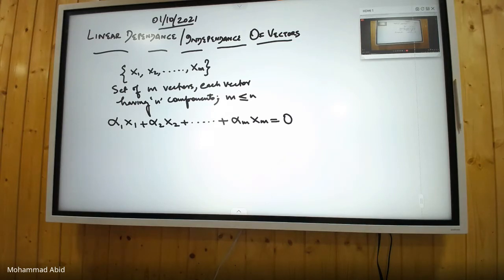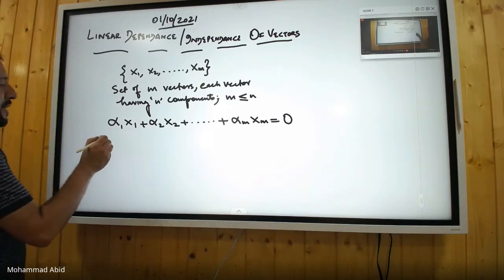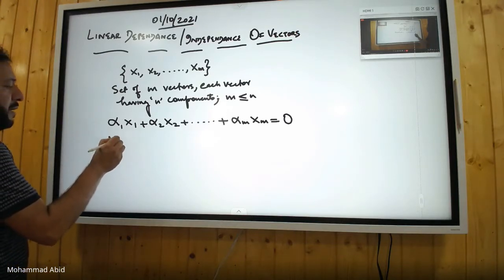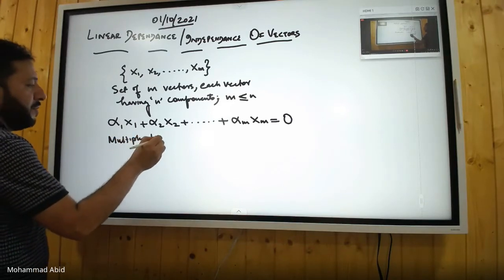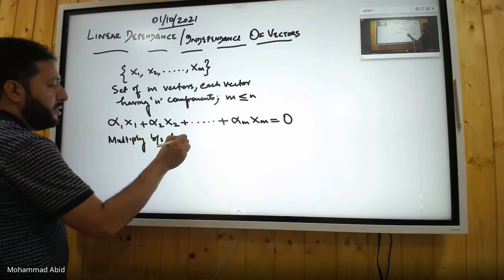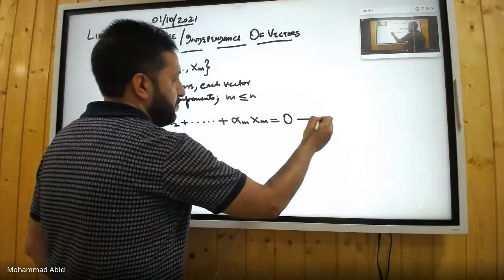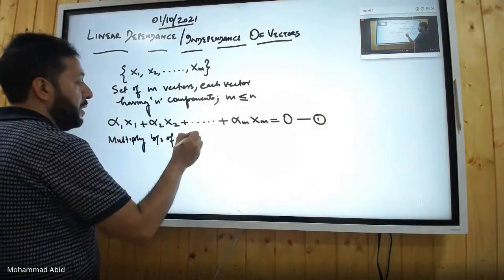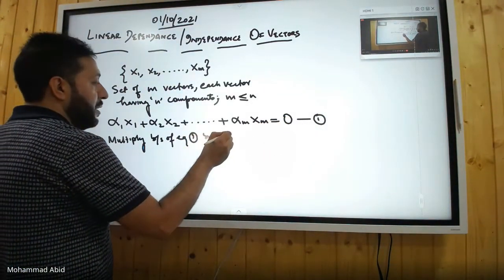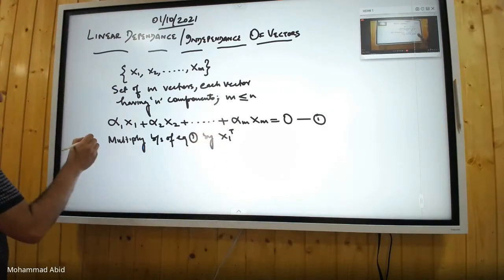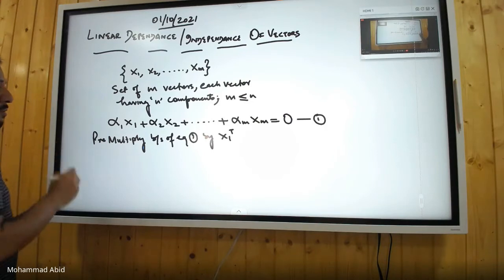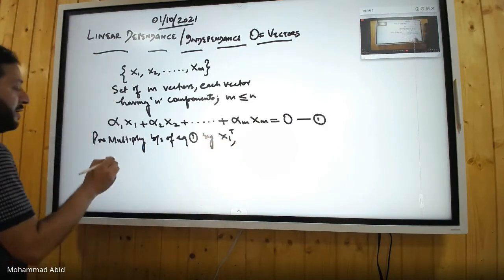Last time I had started a little on this. What we had done was multiply both sides of this equation, which I call equation 1, by x1 transpose, pre-multiplied by x1 transpose. So what do I get?